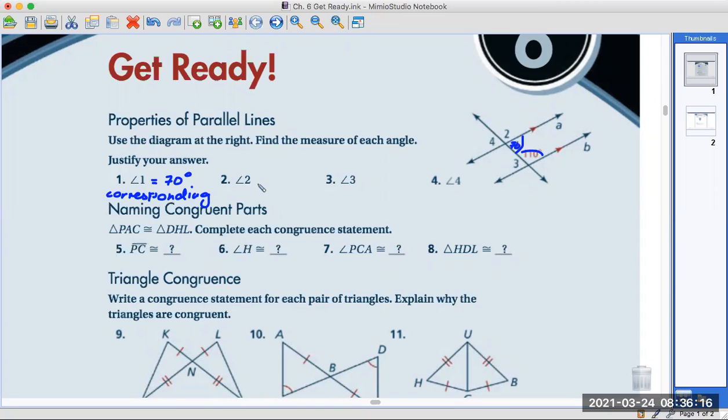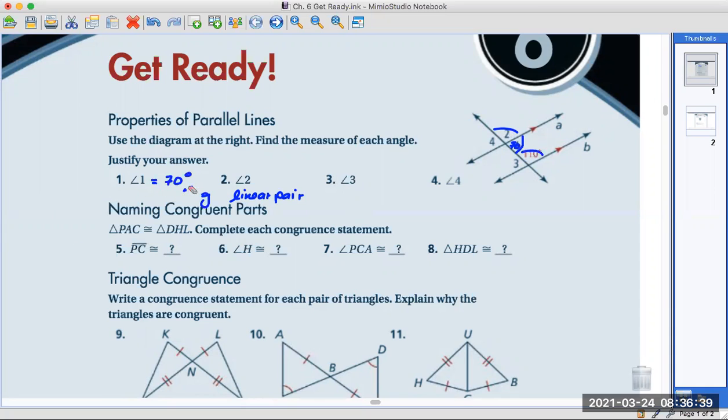And then we have angle 2. These two are called linear pairs. When the two angles form a straight line, their sum is also 180. Wait, I made a mistake. These are not corresponding.